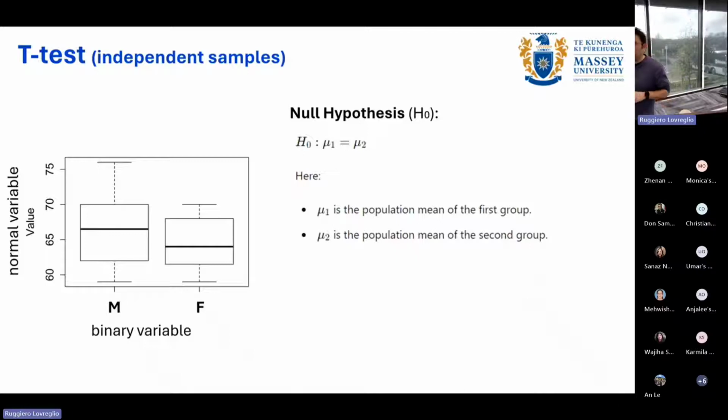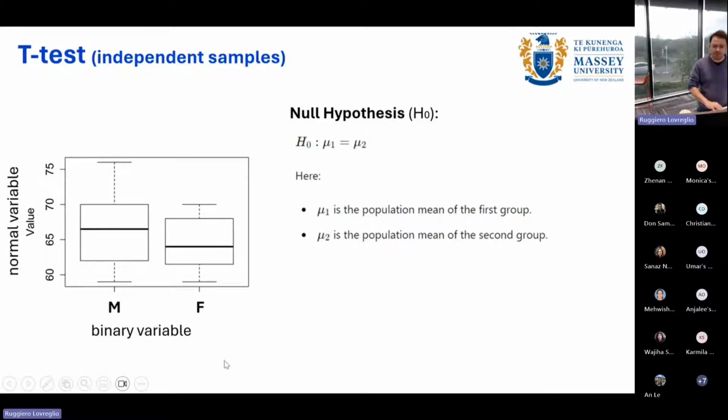So when you start using a statistical test, you need to, first of all, understand what is the null hypothesis. In this case, the null hypothesis for a t-test, and by the way, the t-test can be used when you have two groups. And you can see here in the box plot the two groups, I just give a silly example.